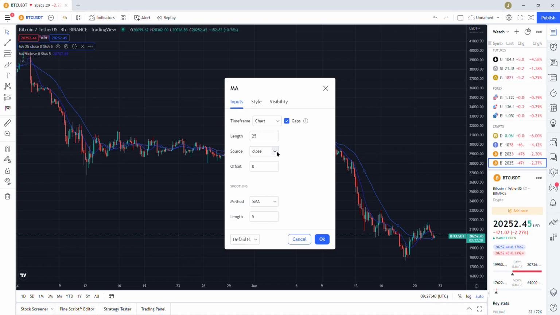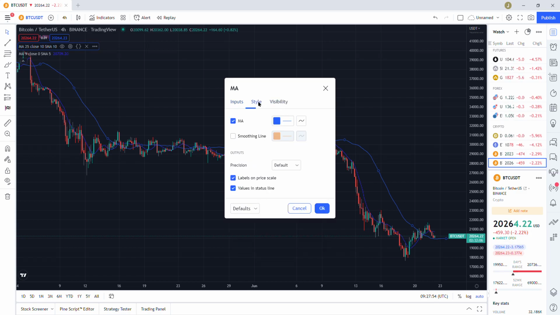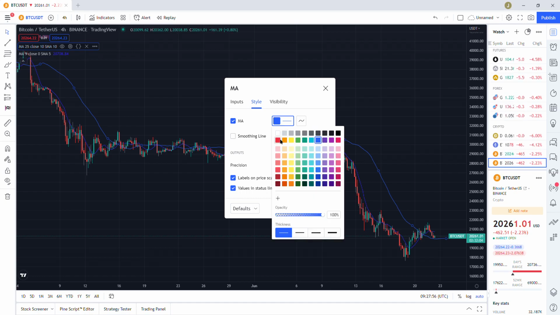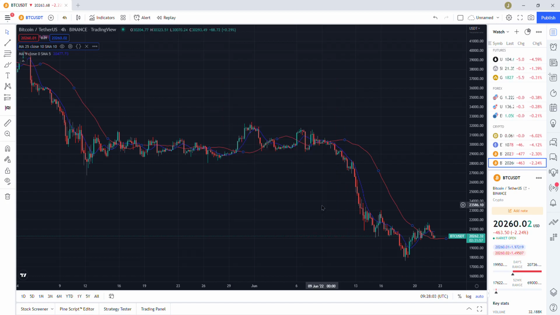Then you set this offset to 10, and then you set your length also to 10. All right, simple moving averages. Then we can come to this one and edit the color, just so we don't make mistakes. We can edit the color and put it red. All right, we are done. We'll press OK. That's the simple moving average of 25, with offset 10.